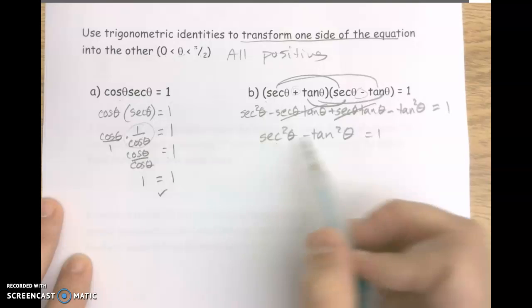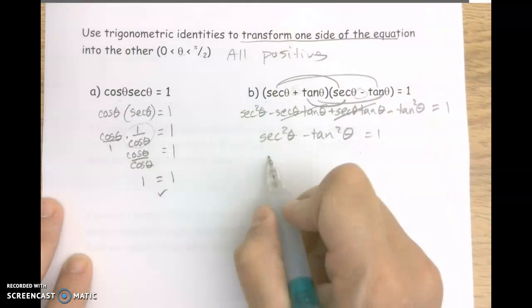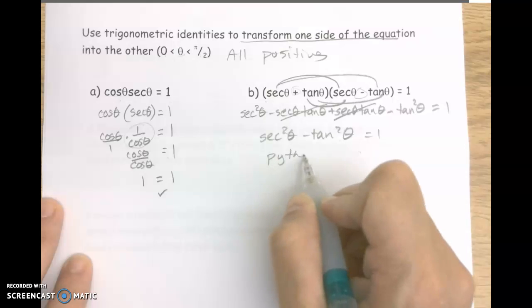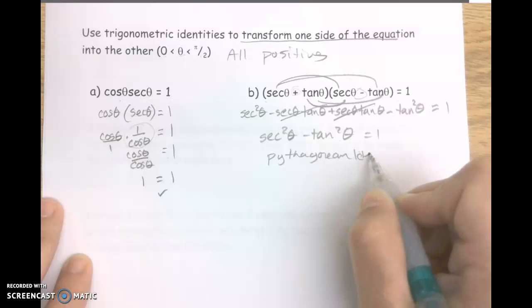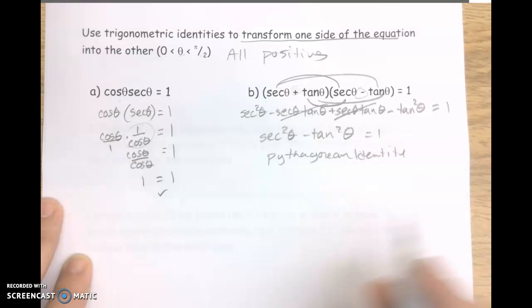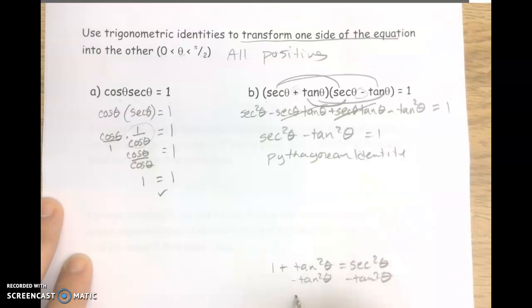And then both of these are squared, so it makes me want to think about my Pythagorean identities. So remember our Pythagorean identities, we had that 1 plus tangent squared theta is equal to secant squared theta. Well, if I just subtract tangent squared theta, then I get 1 equals secant squared theta minus tangent squared theta.